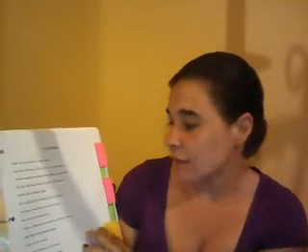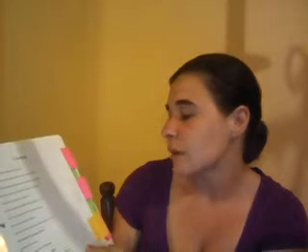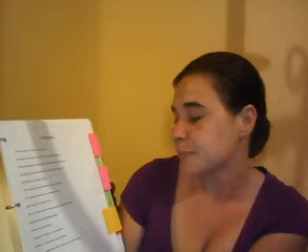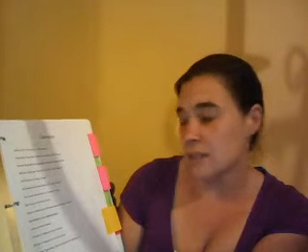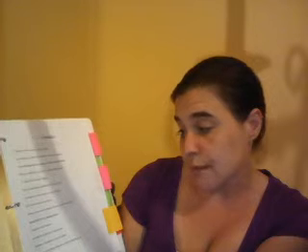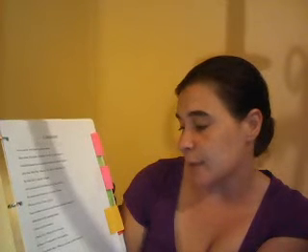I'm going to move on back here, and I just have a list of my literature in the back. I read basically all of those to y'all, but I also have audiobooks for the listening center I put in here. I'll just list those for y'all. It was Corduroy, A Pocket for Corduroy, The Bear's Toothache, and Panda Bear, What Do You See?